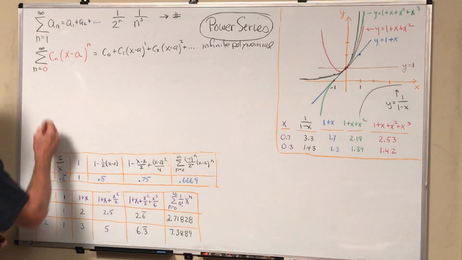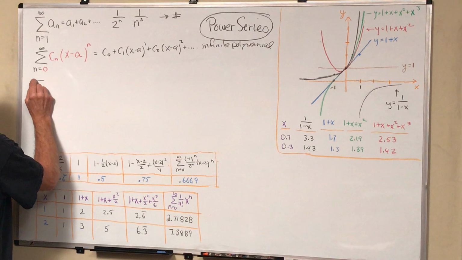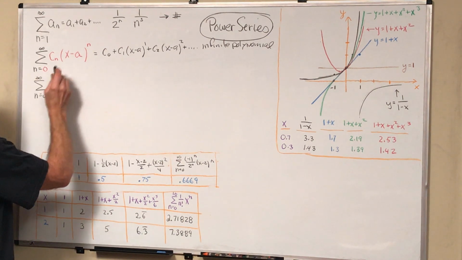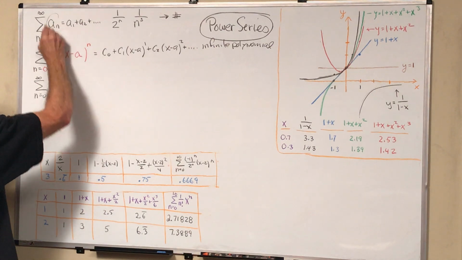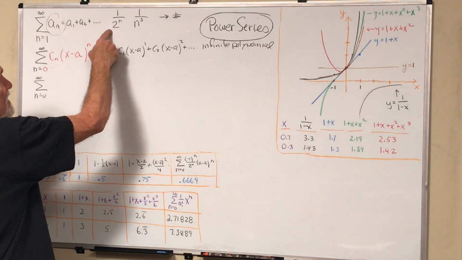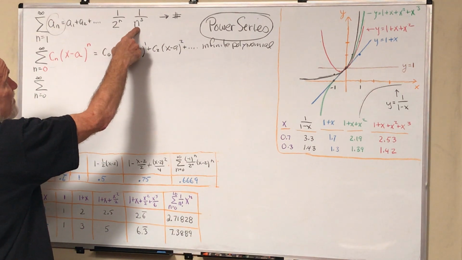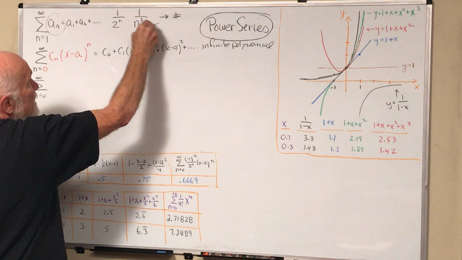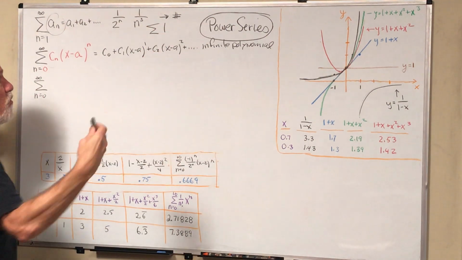Let's pick the simplest one we could think of. So what I'm going to do for my a sub n, in this case I'm calling it c sub n, instead of having something complicated like this, I'm going to just make all the a sub n's just be 1. So it'd be like adding up 1 forever.